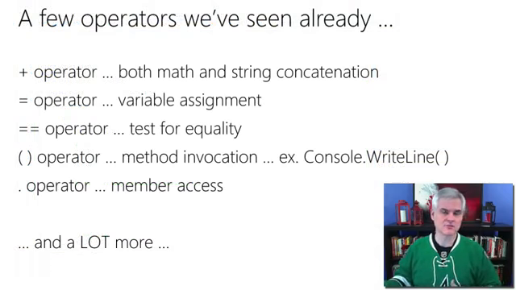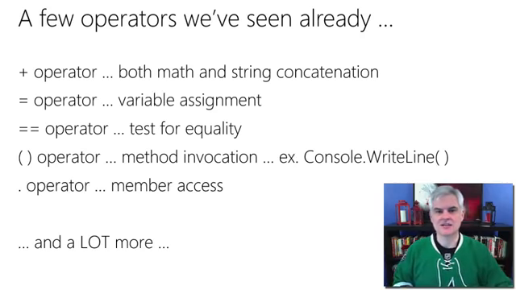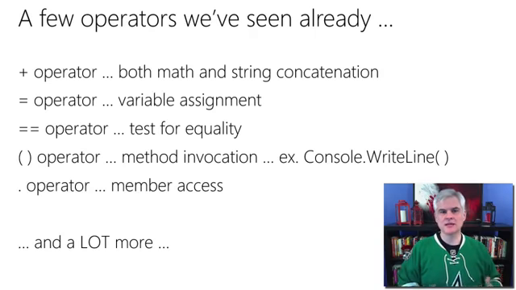It could also be used with strings for the concatenation operator. And I suppose you could call them the verbs. And so there's the equal sign, which we already noted means variable assignment. Also, whenever we worked with the if statement, we noted that the double equal sign tests for equality.